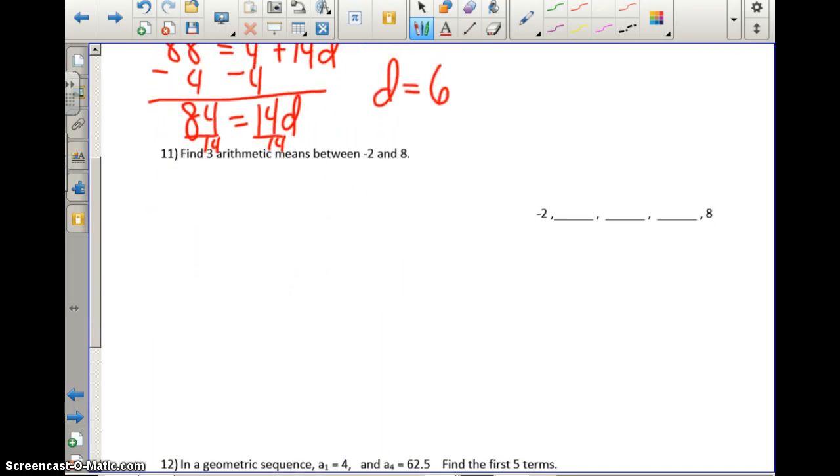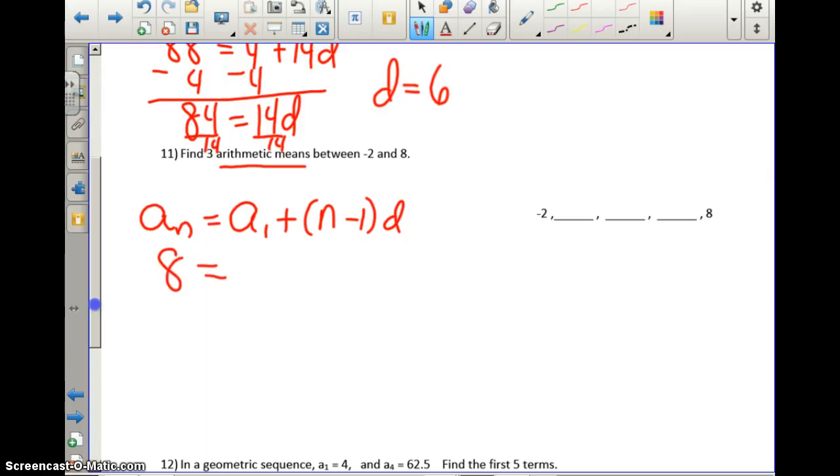Problem 11. Find 3 arithmetic means. So I need 3, and I'm telling you again, it's arithmetic. And I'm starting with negative 2, and I'm going to 8. So again, the formula from before. a sub n is equal to a sub 1 plus n minus 1 times d. Now, my final number is 8. My first number is negative 2.